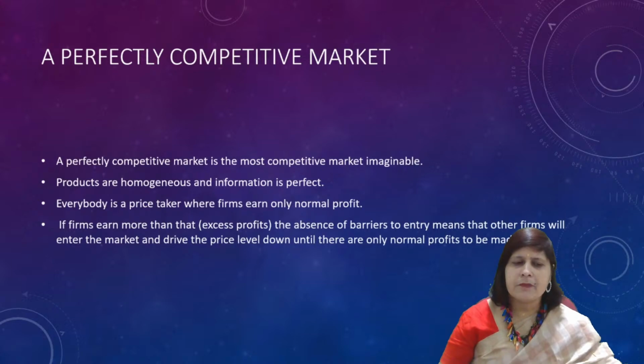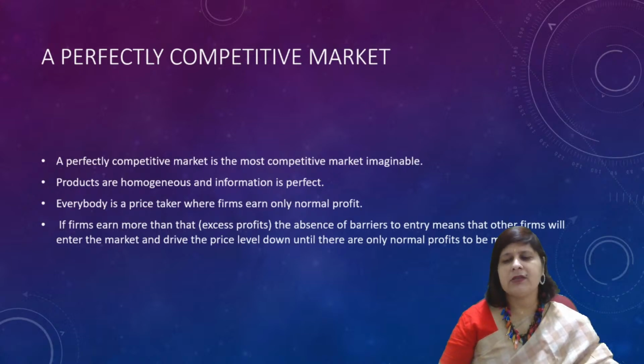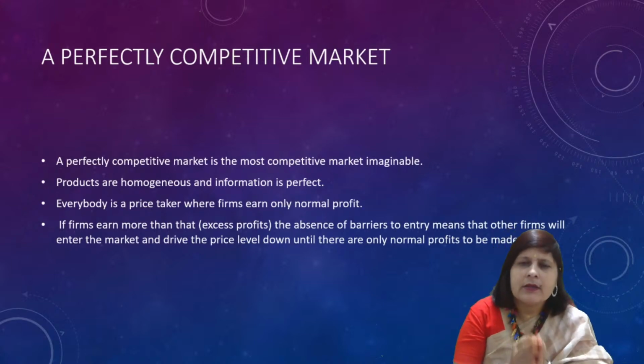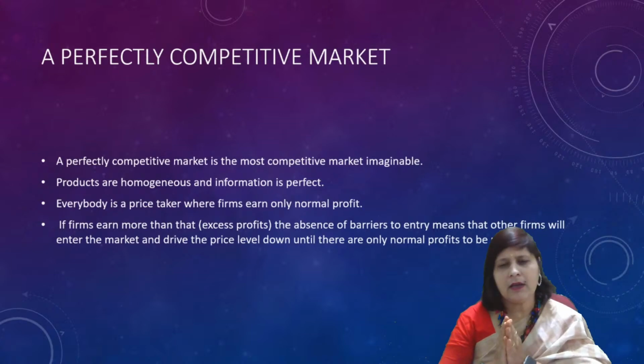If a firm earns excess profit, the absence of barriers to entry means that other firms will enter the market and drive the price level down until only normal profits are made. In this market, the entry of new companies is easy. New entrants can easily enter the market, right?